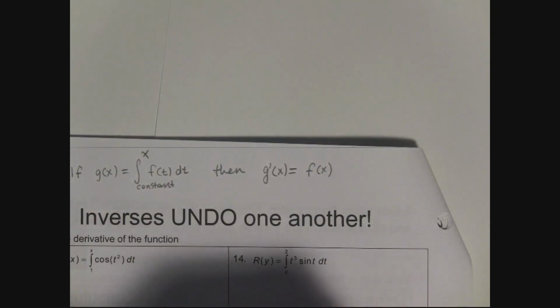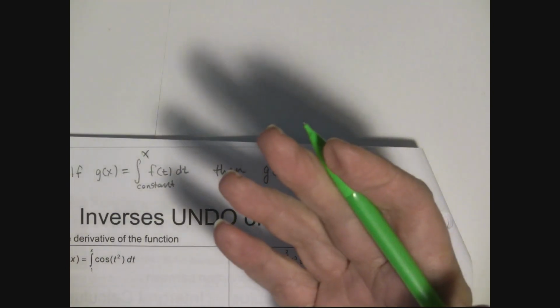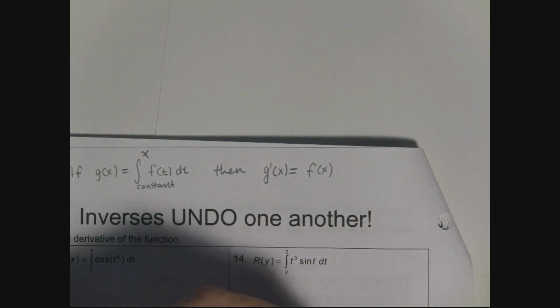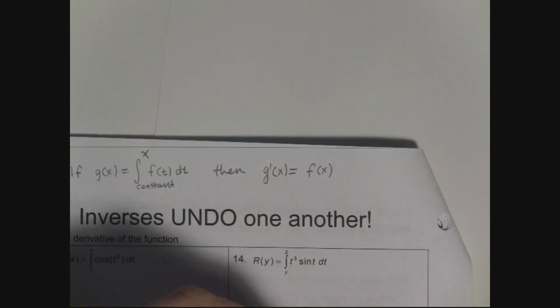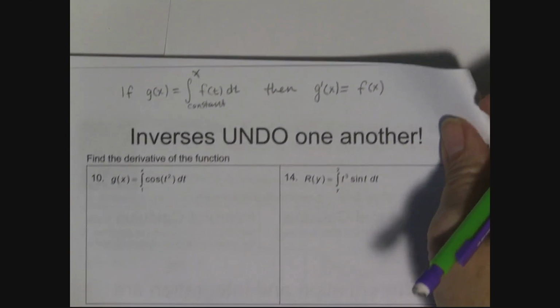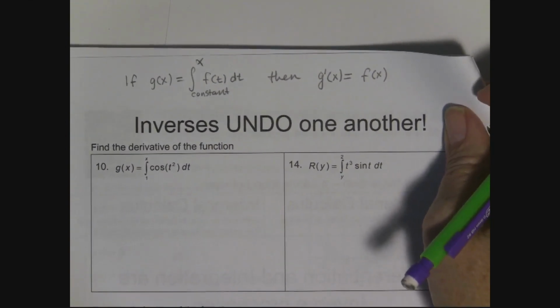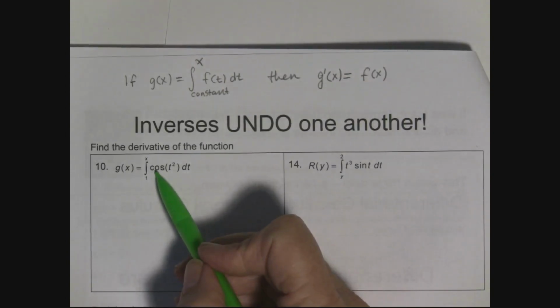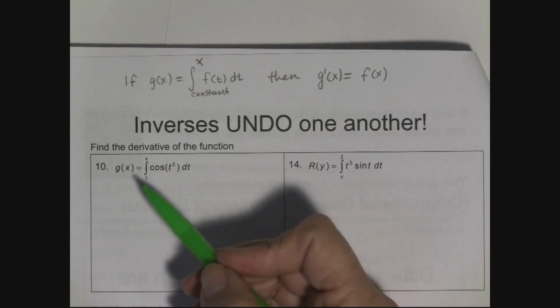And taking the derivative of the integral undoes it. So it's just like if I asked you to add 7 to your age, and then I said, even 10 minutes later, now take away 7 from your age, then I've asked you to apply inverses. And so you're just going to get back your age. So here, that's what they're asking you to do. They're giving you an integral, and they're saying, find the derivative of it.